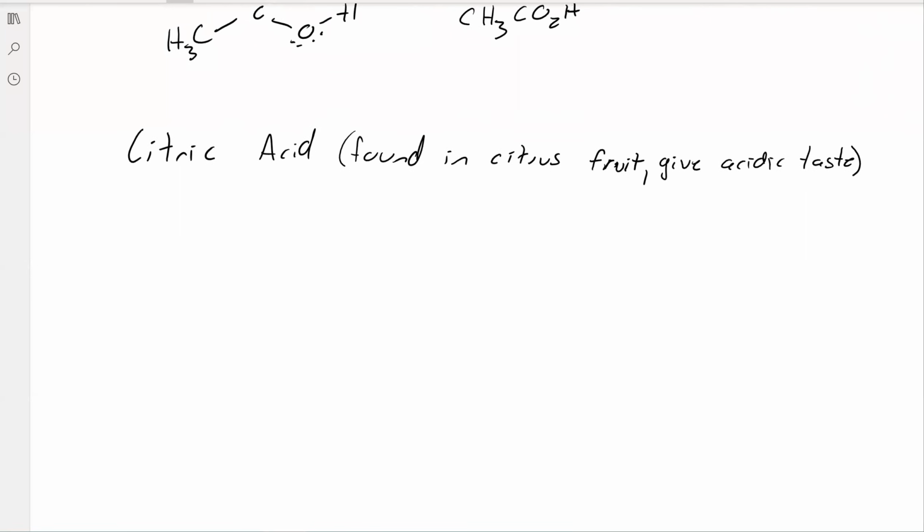So citric acid looks like this. It's a carbon, and then there's an OH. I'm going to omit all lone pairs. So these oxygens all have a number of lone pairs on them that I'm just not going to draw. And so we have one carboxylic acid over here in citric acid. Then we have a C with two hydrogens, and then we have another carboxylic acid group.